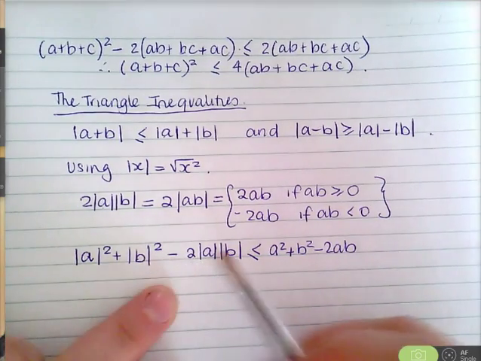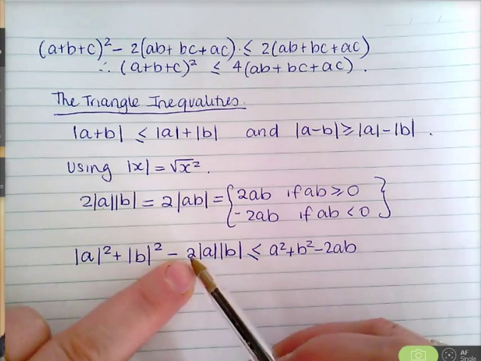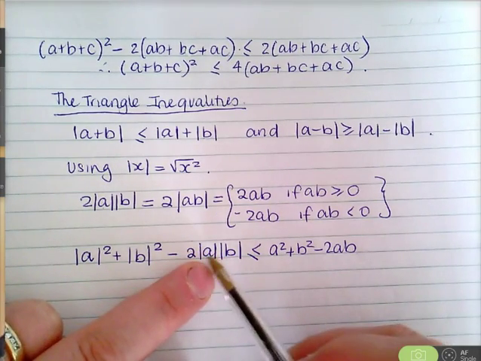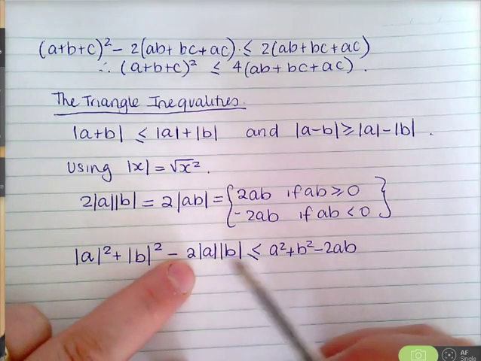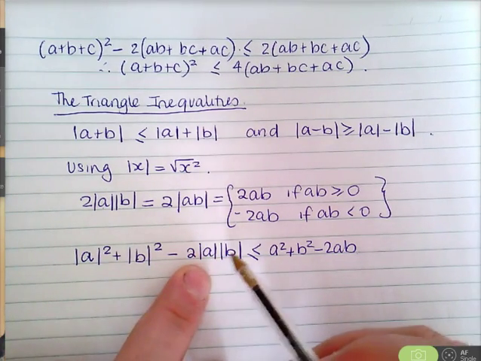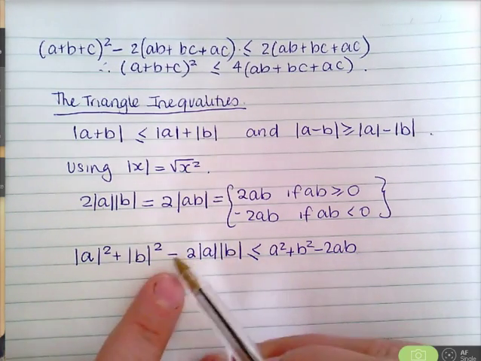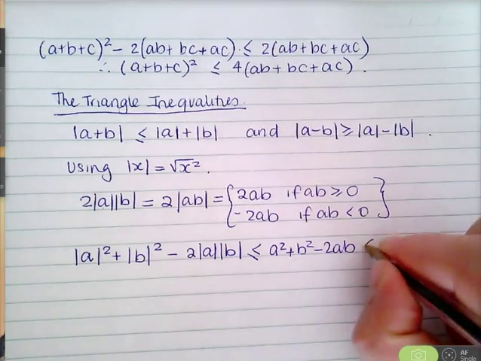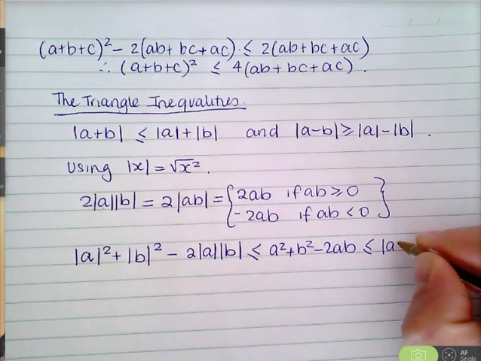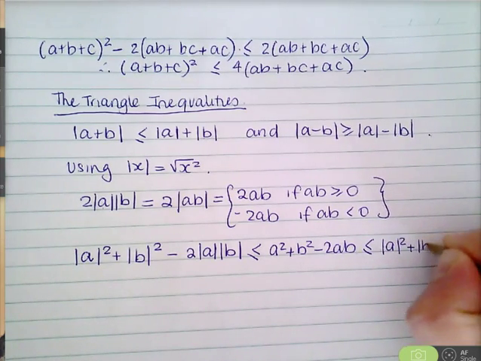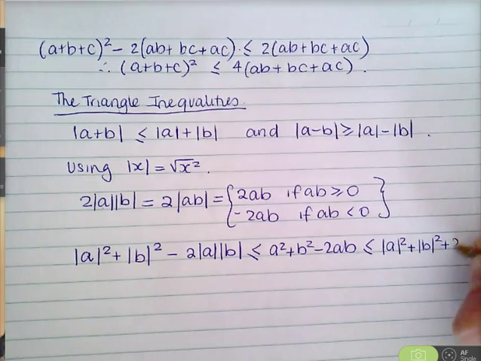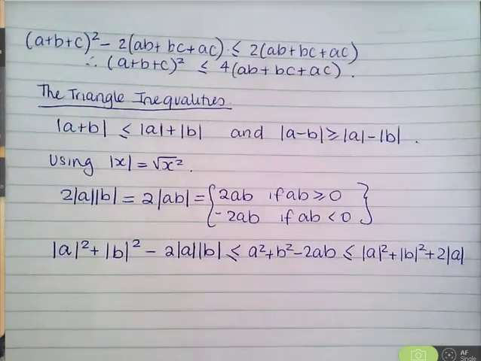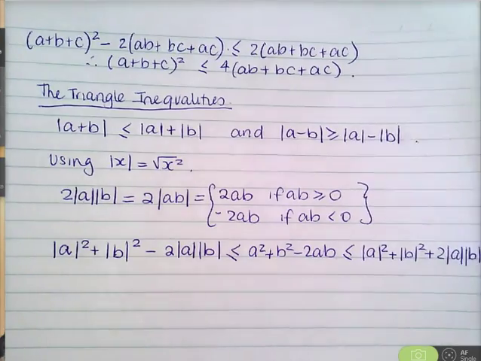The reason is that this bit here will always be less than or equal to that bit there, because you'd be subtracting 2 times something bigger here. If one of these happened to be negative, you'd end up with a smaller result here than you would here. Which is less than or equal to the absolute value of a squared plus the absolute value of b squared plus 2 times the absolute value of a times the absolute value of b.